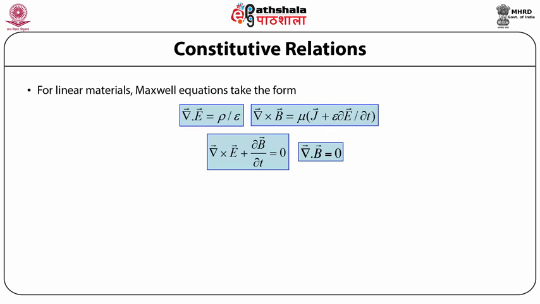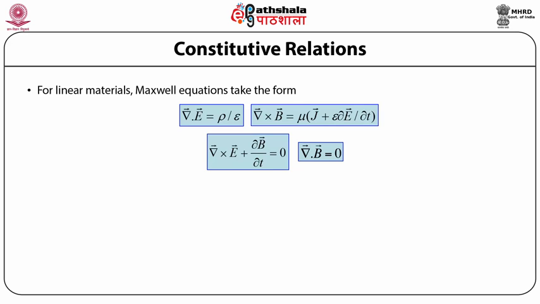Here mu is the magnetic permeability of the material medium, epsilon is the electric permittivity of the material medium, and vector J is the current density. The curl of the electric field E plus the time variation of the magnetic field induction vector B is equal to 0, and the divergence of B is equal to 0.